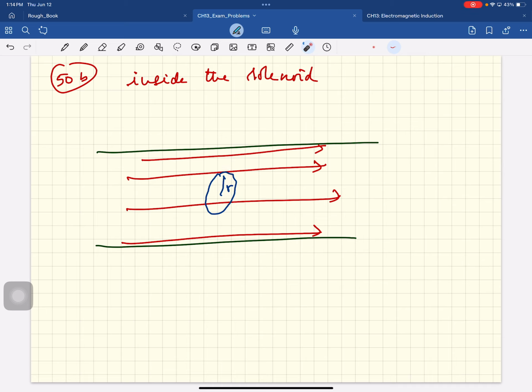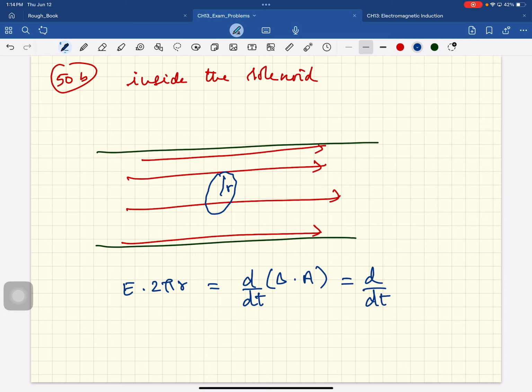And so E times 2 pi R equals dΦ/dt, d by dt of B times area, equal to d by dt of mu naught n I pi r squared.